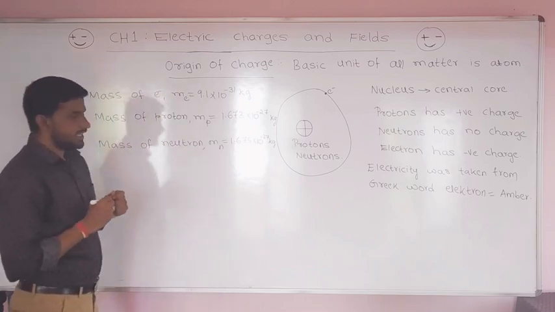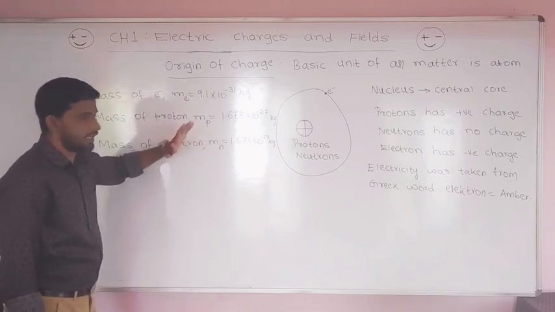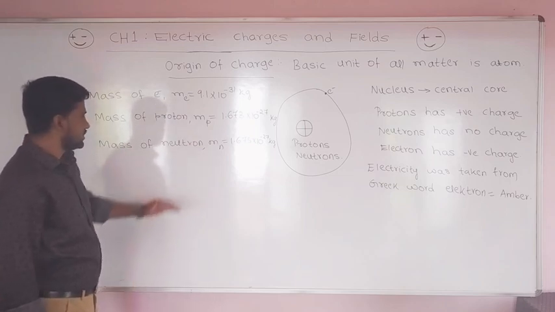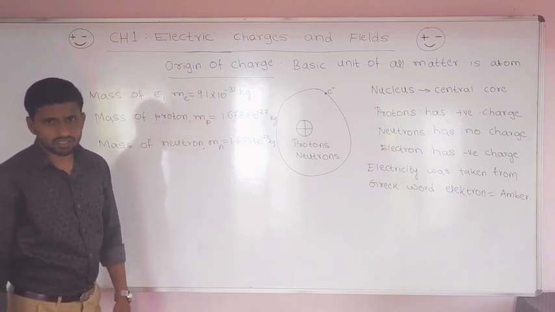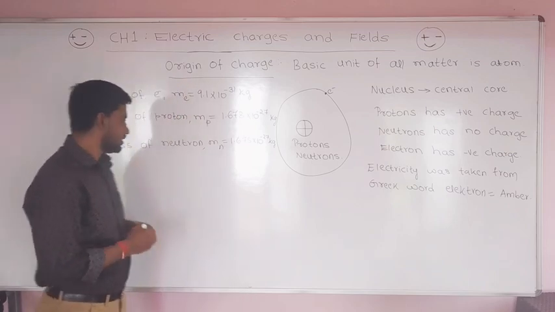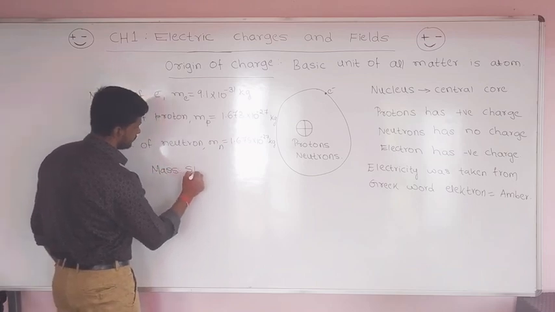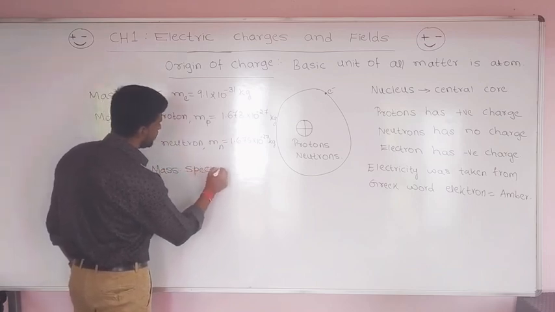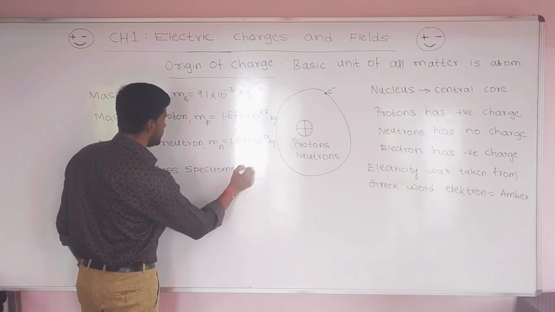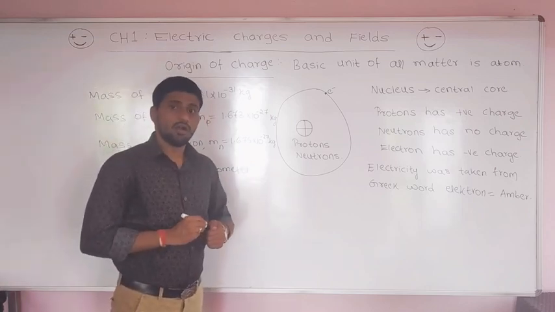If you observe here, the mass of the electron is very small compared to the proton and neutron, and such small masses can be measured using an instrument called a mass spectrometer. A mass spectrometer is the instrument used to measure small amounts of mass.